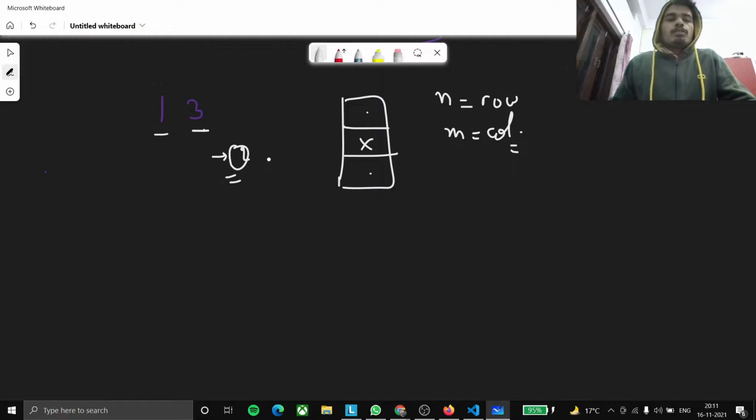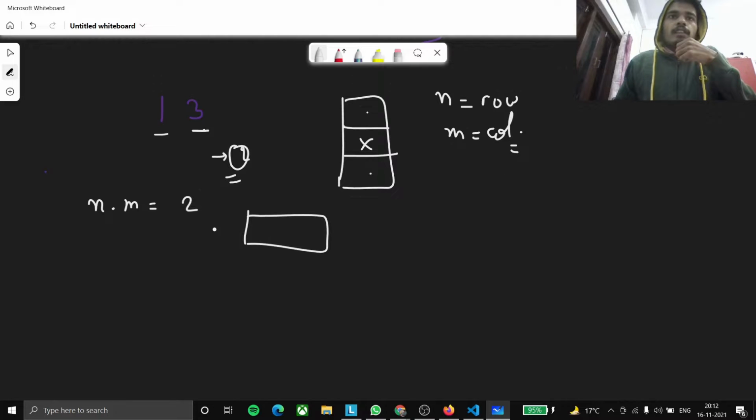Okay. So similarly, if we have n into m equal to 2, then we can say that either n is 1 or m is 1. Both of them can't be greater than 1. One of them will be greater than 1 and one of them will be 1. So it can be either like this or like this for n into m equal to 2.